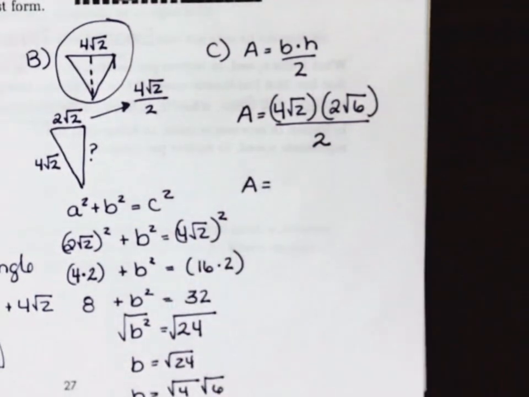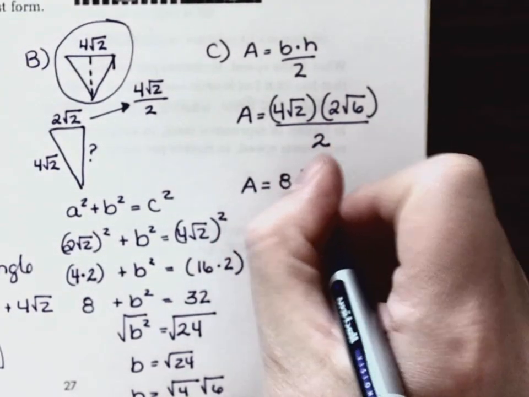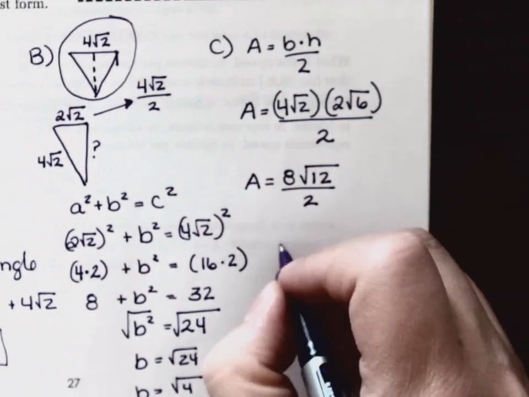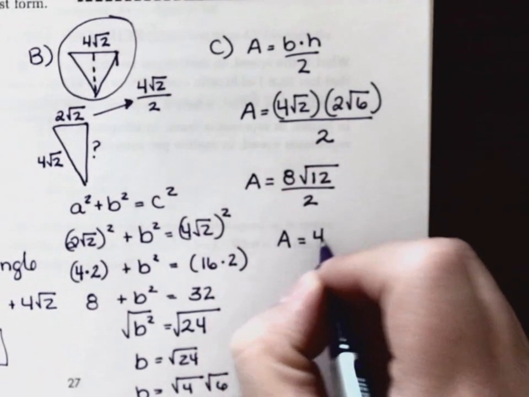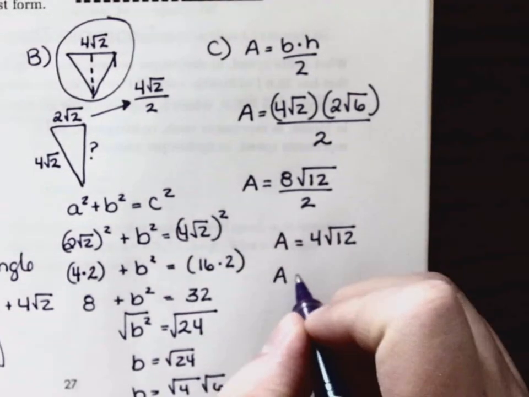Okay, how do we multiply these? And then radicals, right? So we have 8 root 12 divided by 2. So that's going to be 4 root 12. Can I simplify 12? Mm-hmm. 4 and 3.